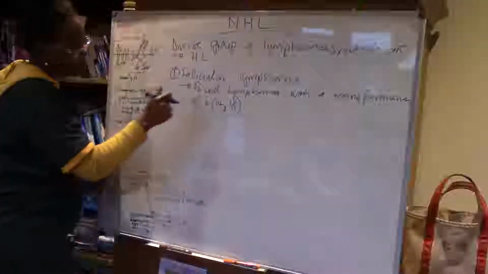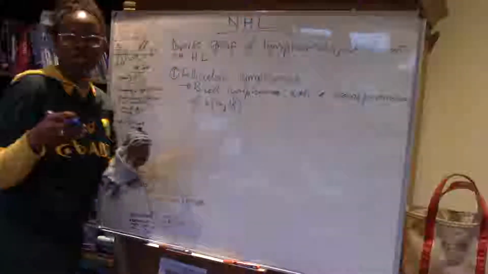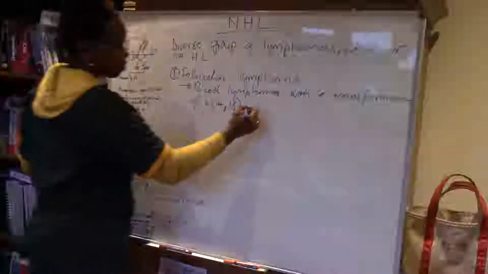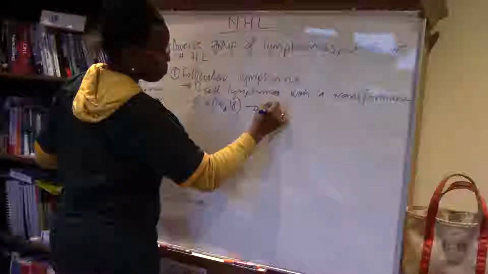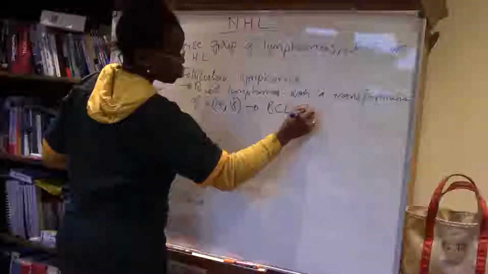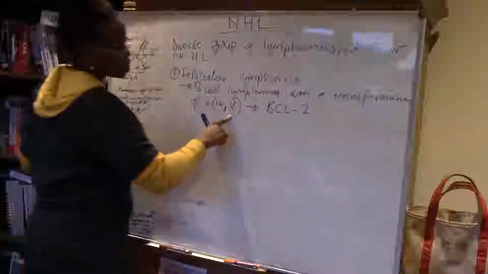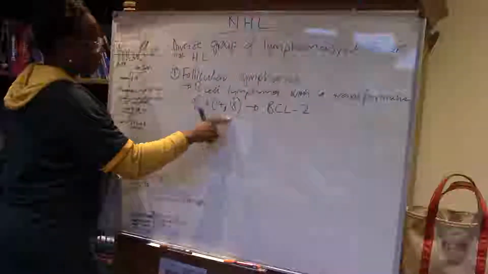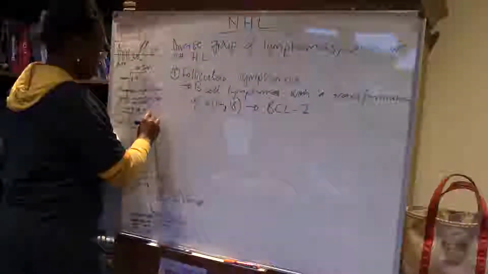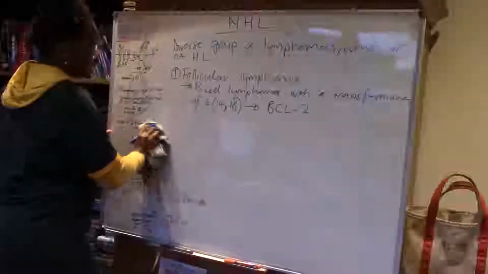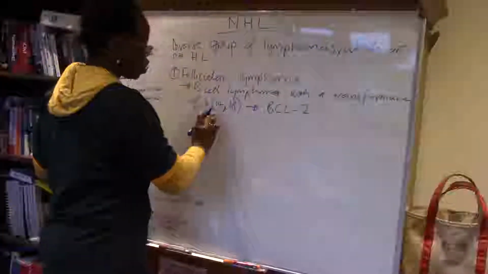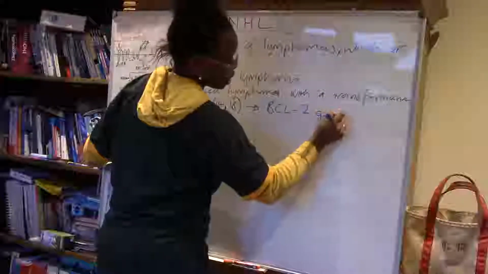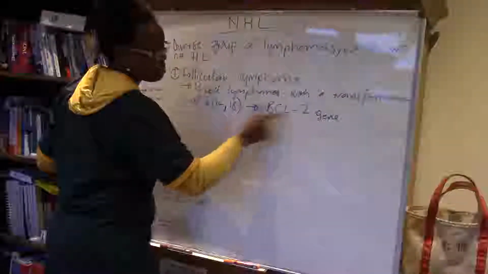Anyway, the translocation means that a gene that belongs in one chromosome moves over to another chromosome. In this cell, the gene BCL2, which normally belongs on chromosome 18, moves over. This is the protein.